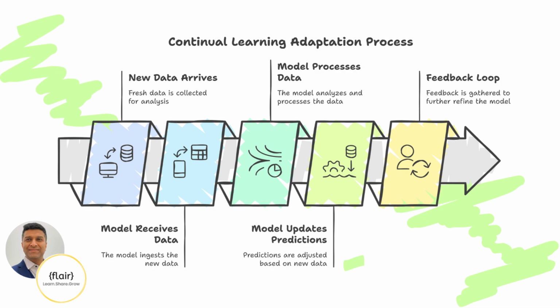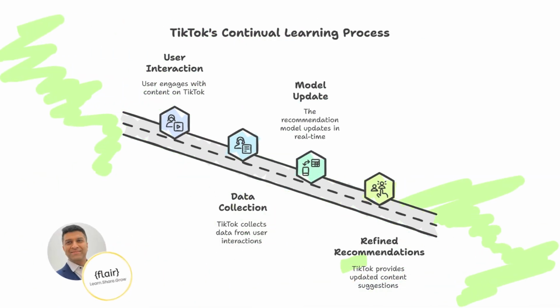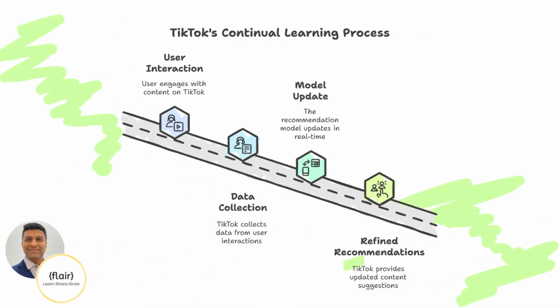So it's not just about building a model, it's about building a system that can learn and adapt on the fly. We're starting to see some really cool real world examples of continual learning in action. Have you ever wondered how TikTok manages to keep you glued to your phone for hours? Okay, maybe we don't want to dive into the ethics of social media addiction, but I've always wondered how they seem to know exactly what I'm going to be interested in next.